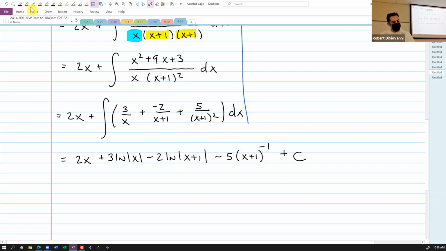So if you're having trouble getting this step, this last one, just go back and look at last class, how we did that. There it is. That's the antiderivative.